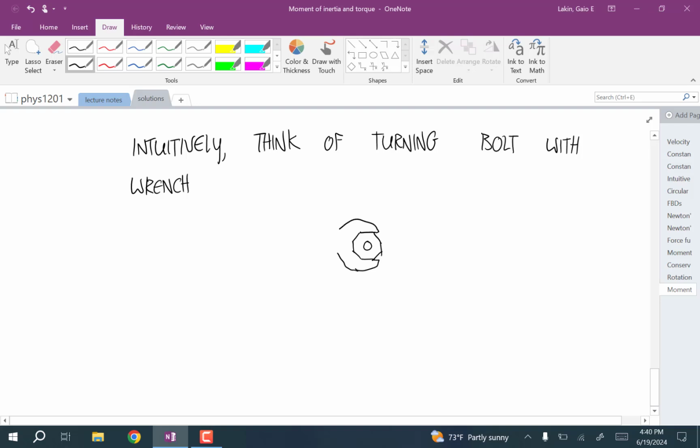And here's the wrench. And say you're capable of applying 200 newtons of force to this wrench. Would you want to apply your 200 newtons here? Or here?